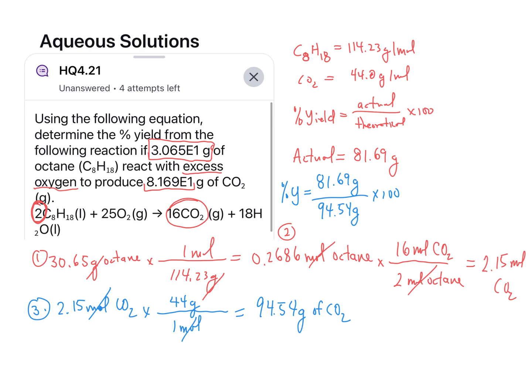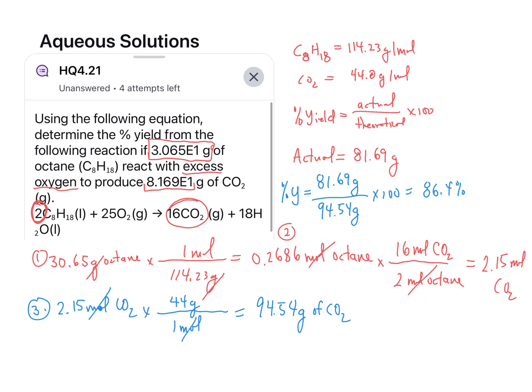So 81.69 divided by 94.54, I multiply that by 100 to get something around the order of 86.4% yield for this reaction.